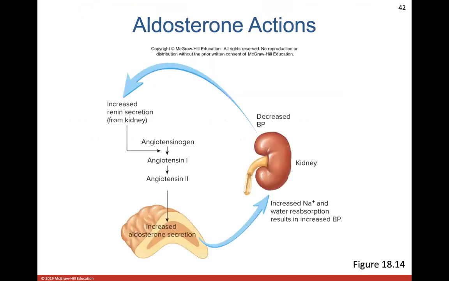So here we have aldosterone actions specifically. Any decrease in blood pressure will put into effect this renin-angiotensin-aldosterone system. And specifically, aldosterone will increase sodium and water reabsorption back into the body and bloodstream to try to result in an increased blood pressure.